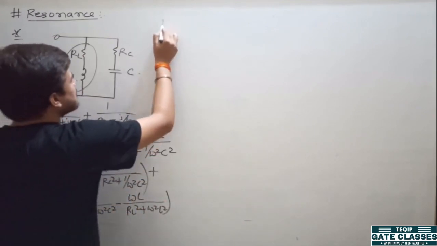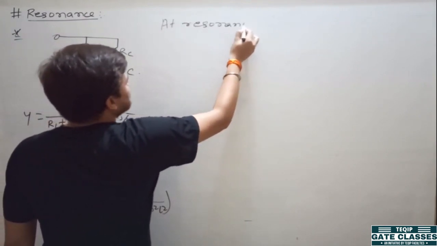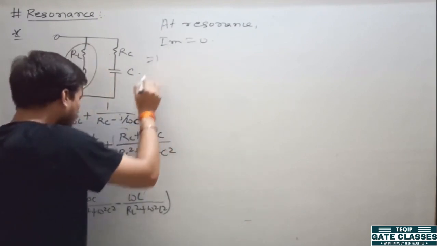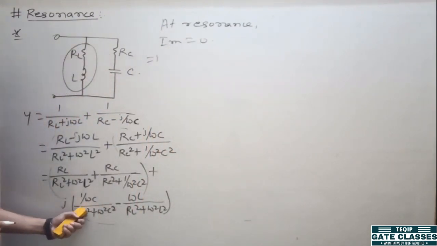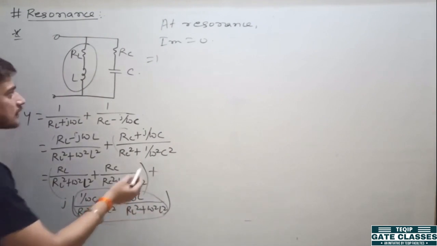So now what happens at resonance? The imaginary term will be 0. So if the imaginary term is 0, that means this term will be 0. So let us take the LCM.